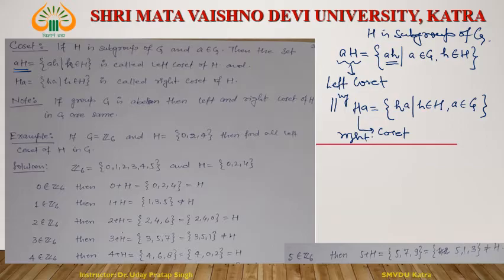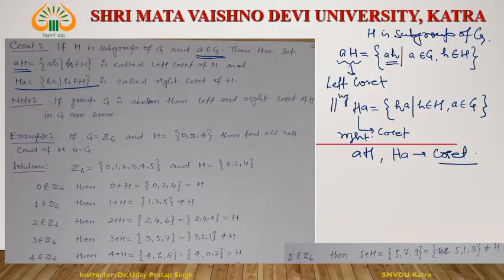See the definition. aH is equal to a times h, h belongs to capital H, and a is an element of G. Similarly, Ha is equal to ha, h belongs to capital H and a belongs to G. These cosets are known as: aH is left coset and Ha is right coset.